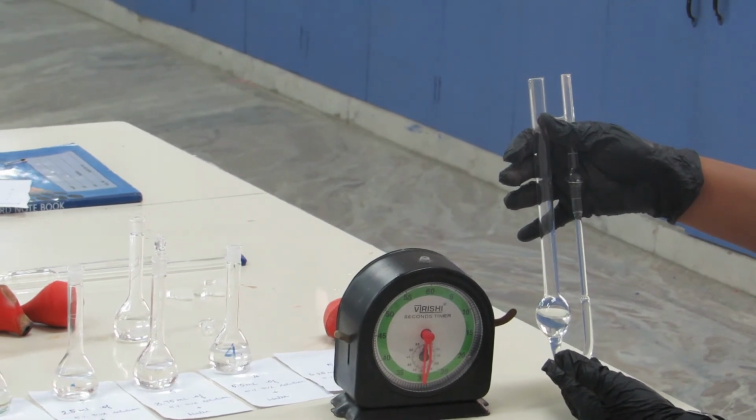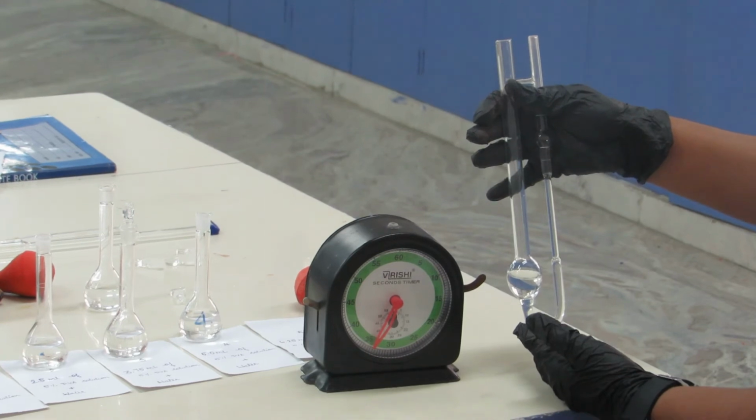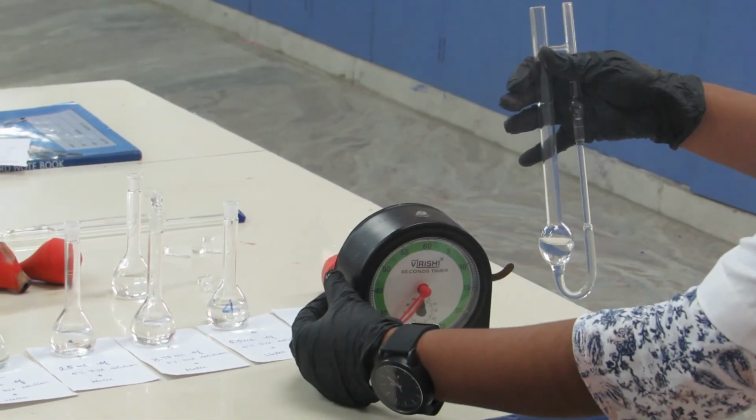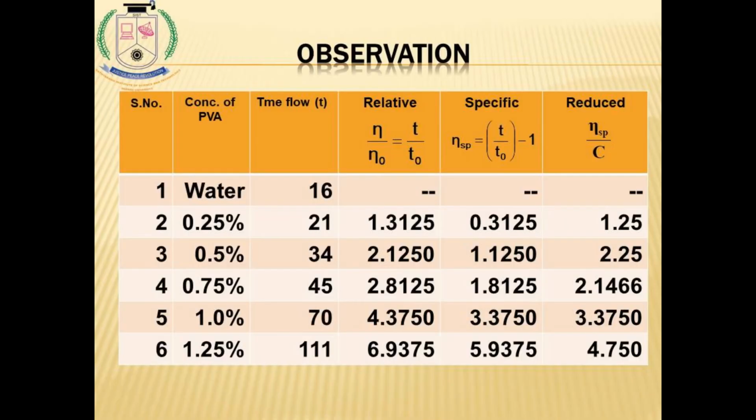Yes, for all the 6 experiments, the flow times for water and for the 0.25, 0.5, 0.75, 1.0, and 1.25 percent solutions were written in the observation table.